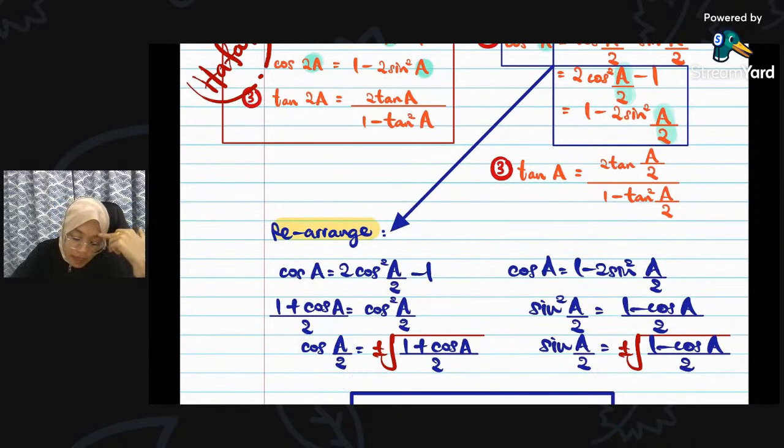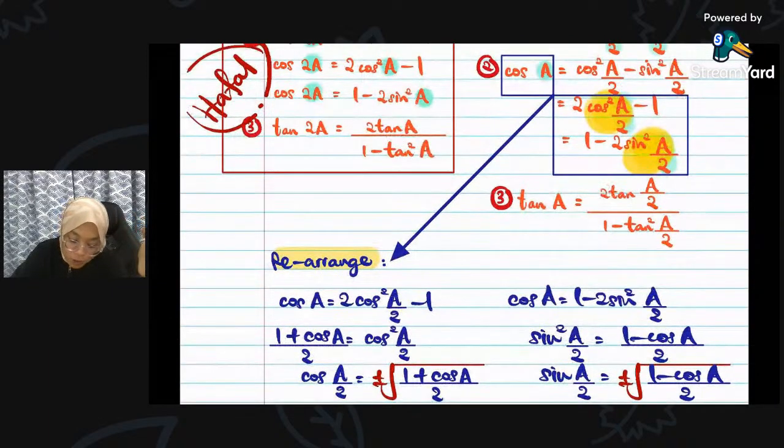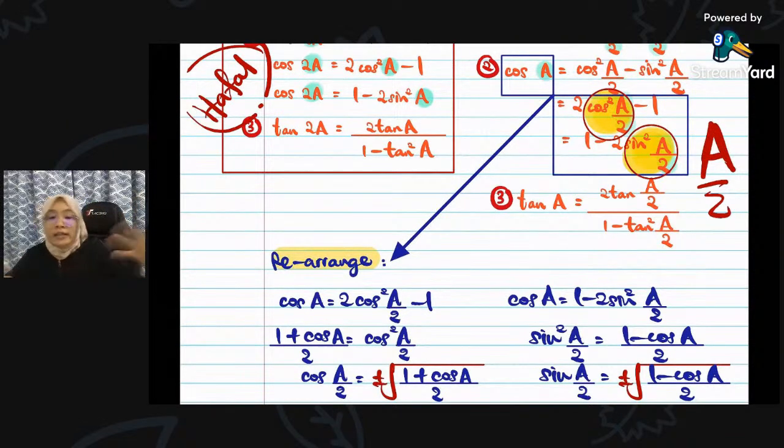So basically they are trying to let you all know that they are trying to make this as a subject. Sebab apa dia tengah nak jadikan ini sebagai subjek, dua ni? Kenapa dia nak jadikan ni sebagai subjek? Sebab benda ni literally nampak half angle. A over 2 is sort of like half angle, you know. So they make it as a subject.